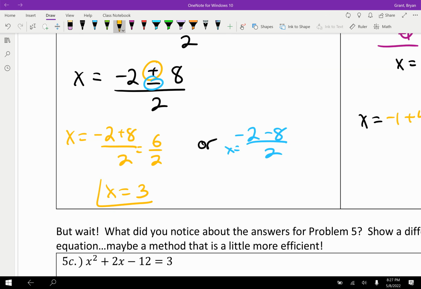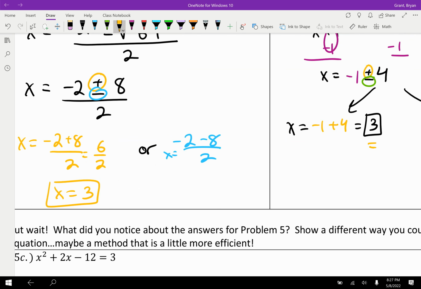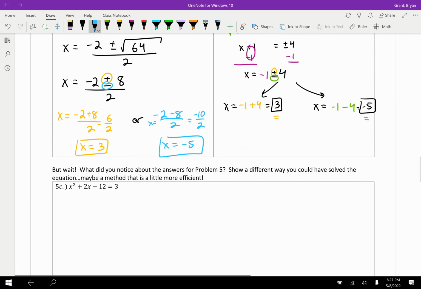Isn't that positive 3? And doesn't that match our positive 3 over here? What about this guy? Negative 2 minus 8 is negative 10. And negative 10 divided by positive 2, I think, gives us negative 5, which also matches. Woohoo! But wait, is there more?